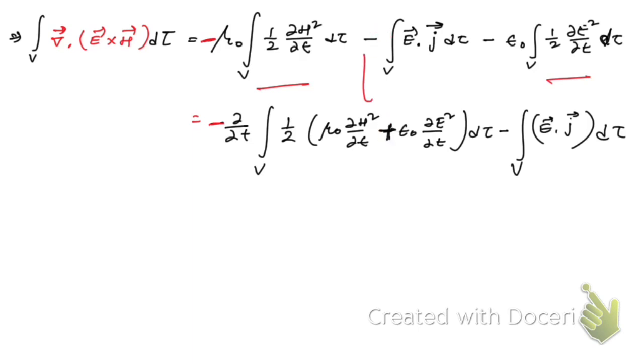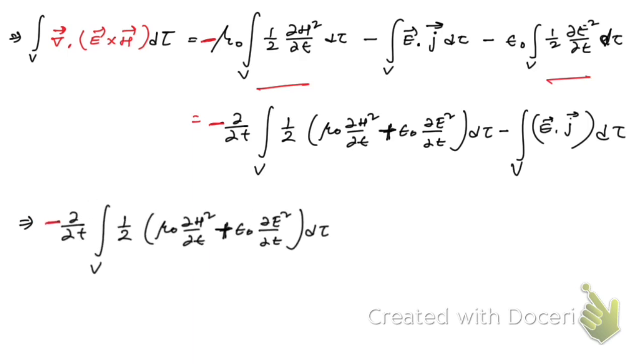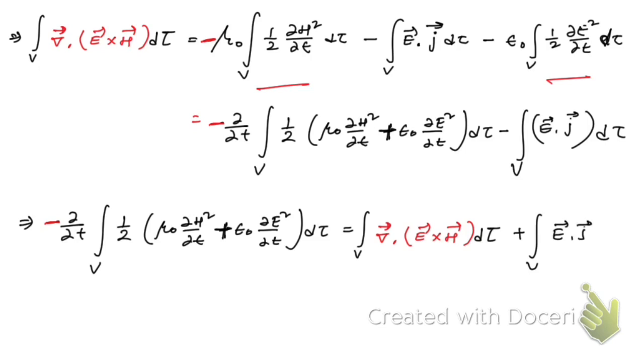Now if we rearrange those terms, then we can write it like this, plus volume integration E dot z vector d tau. That's what we can write.